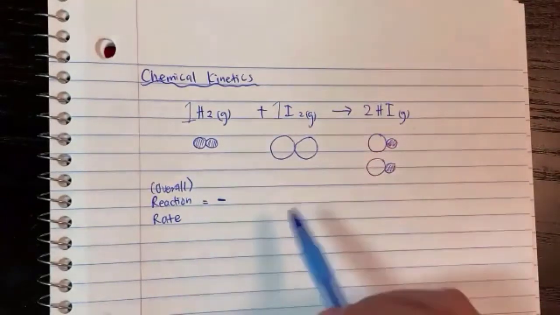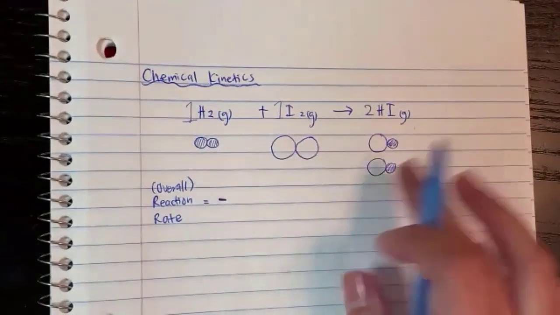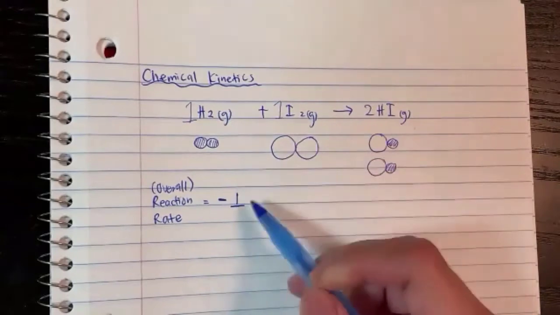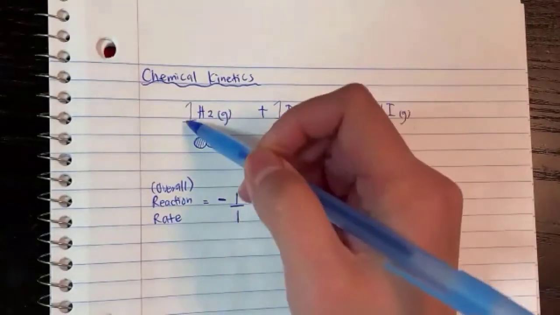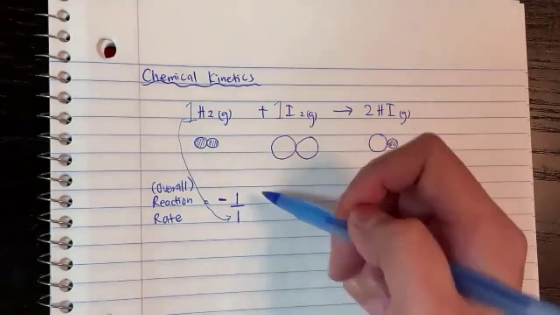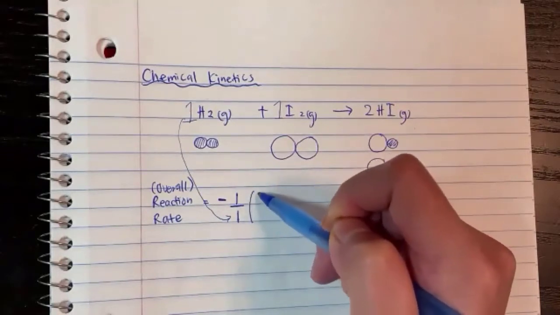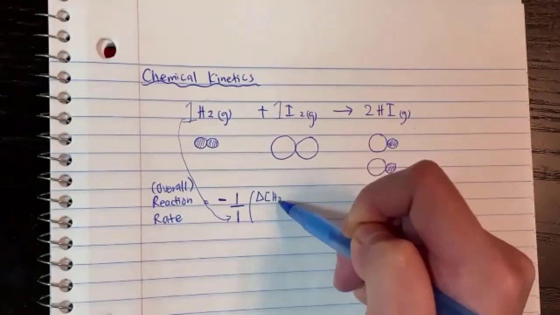So because this one pops up as 2, we have to make sure they all are on the same playing field here. So we divide by the coefficient. So 1 over the coefficient for this one will be 1. So that number goes down. And then we will do that term, which is delta concentration of H2.